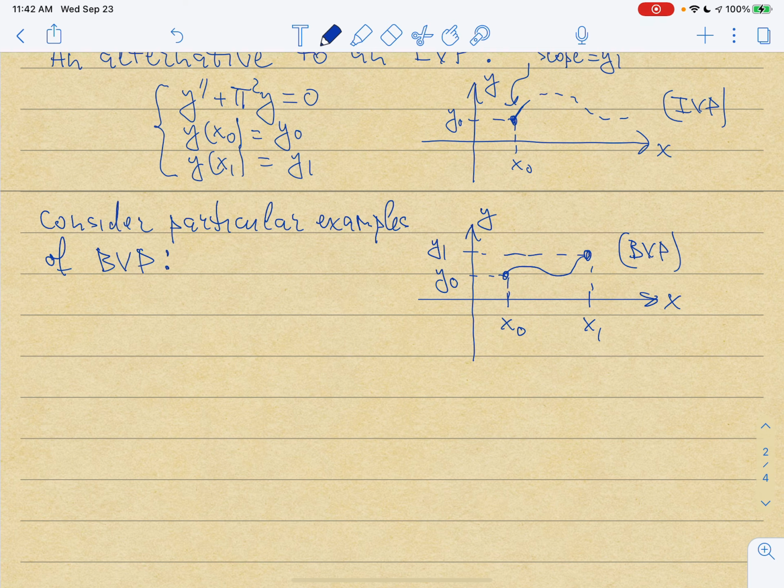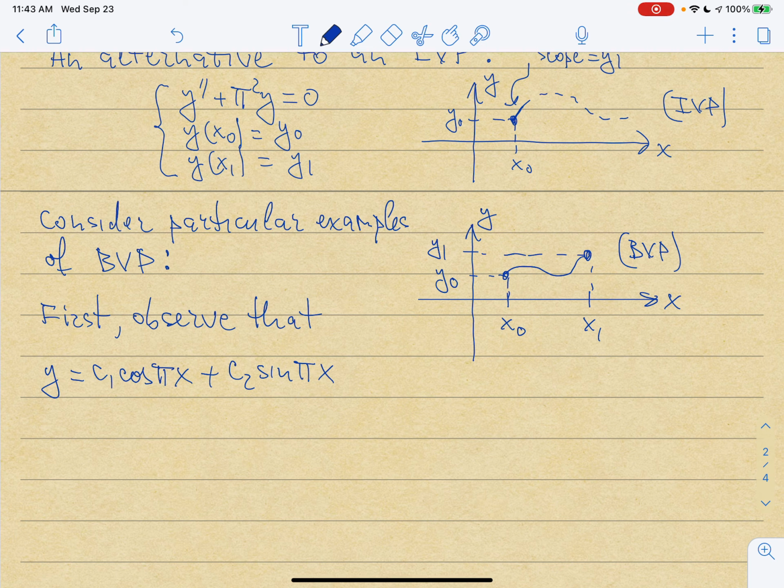So first, I'm going to observe that y equal to c1 cosine pi x plus c2 sine of pi x is a general solution of my ODE.